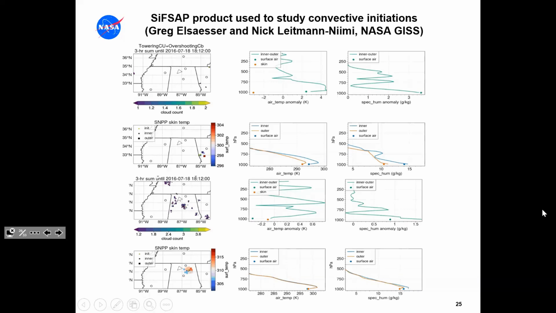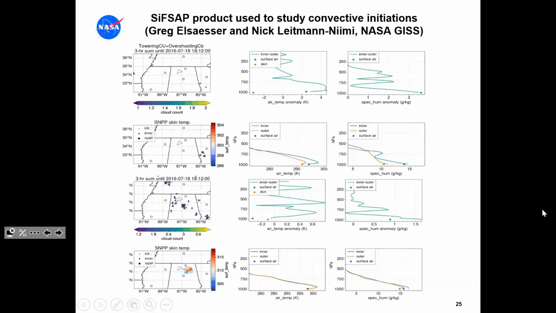So we can capture all that in our retrieval. The current AIRS version 7 cloud clearing algorithm, because they don't have enough spatial resolution, and most importantly, in the cloudy region they rely on NWP, which has lower spatial resolution, they are not capturing this.